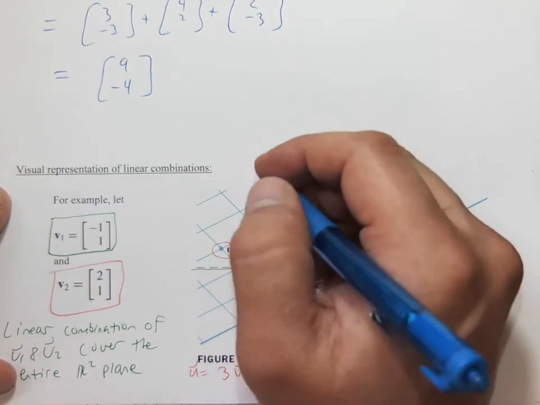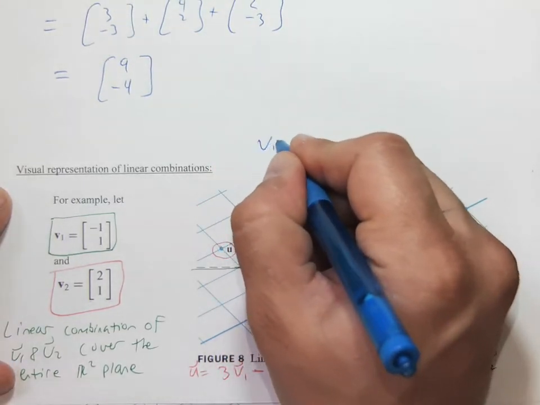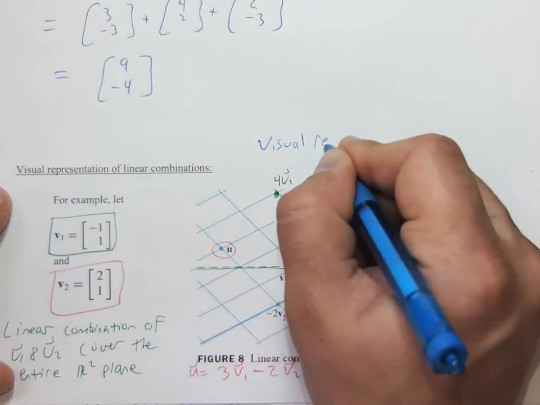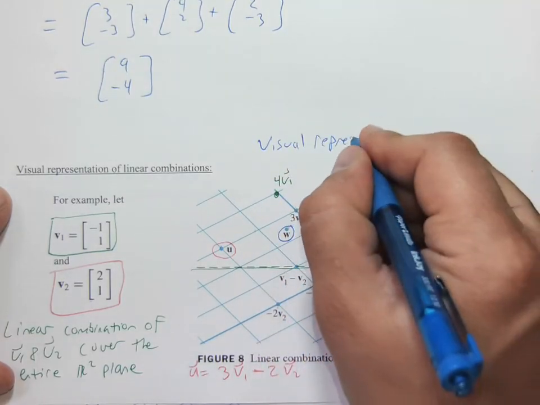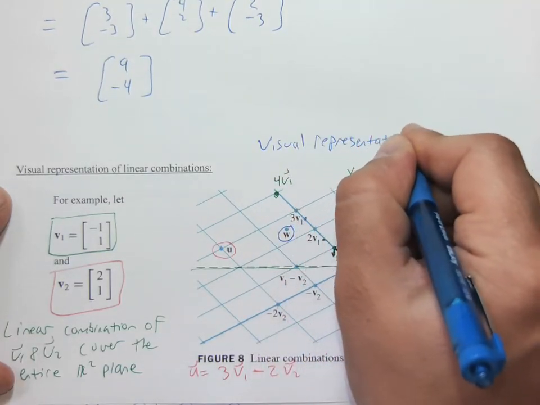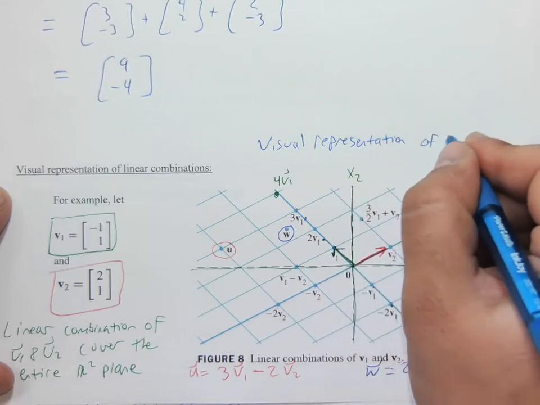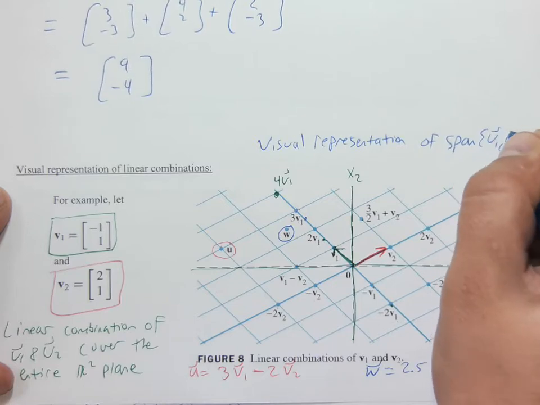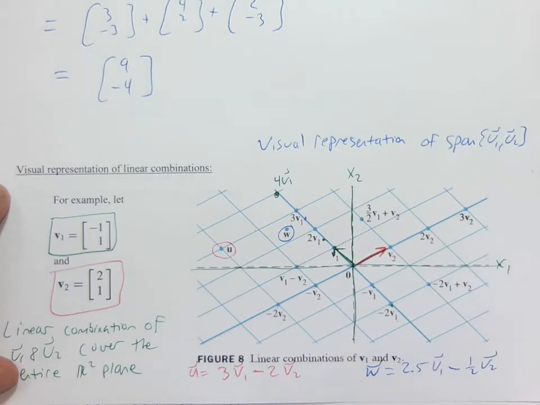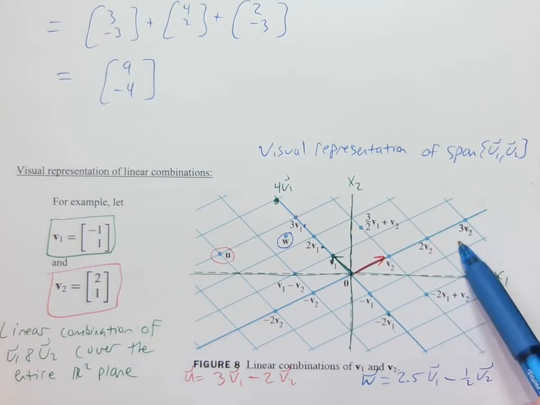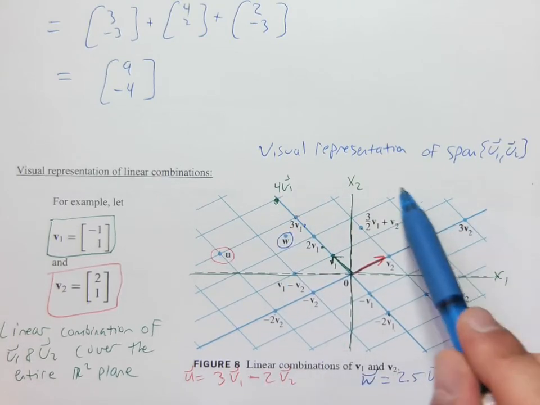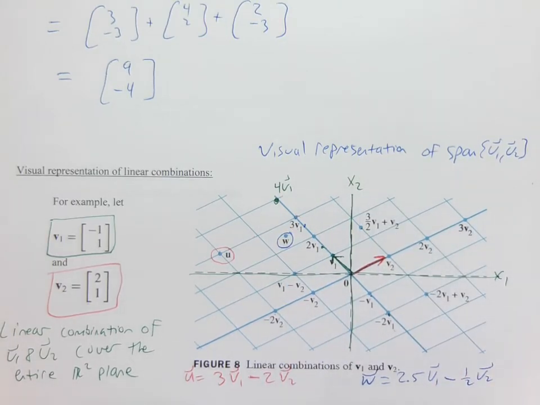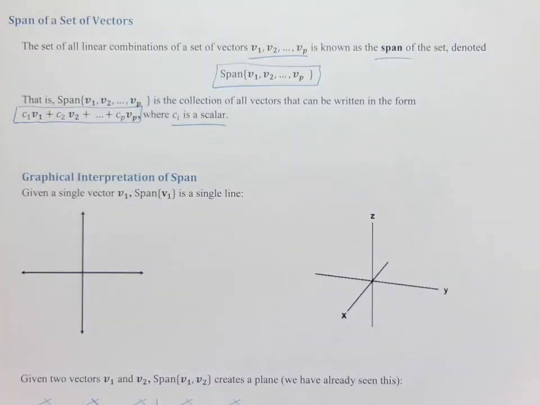So this picture right here, and you should add this title to it, is a visual representation of the span of v1, v2. Because we're showing all of these different linear combinations of those two vectors in this particular picture. It's a very important concept, the span.